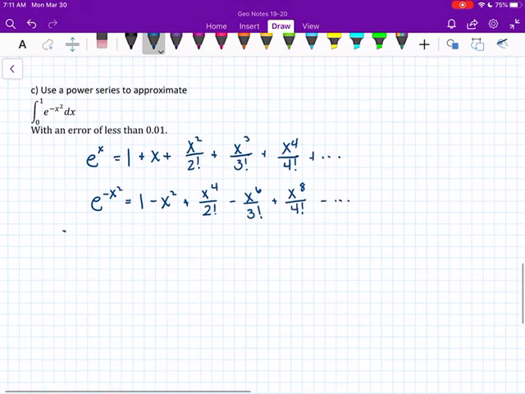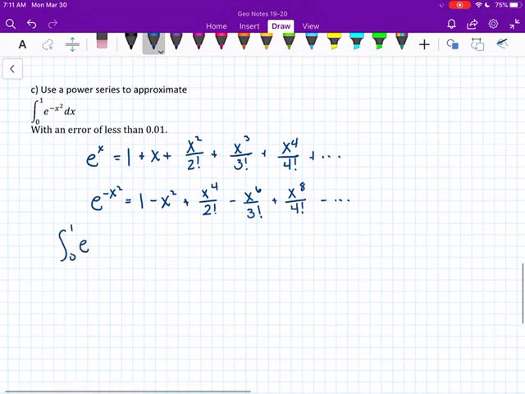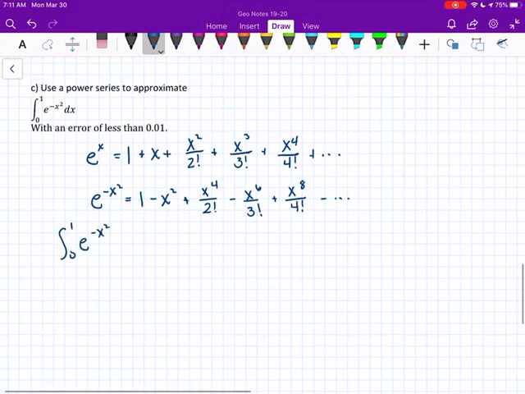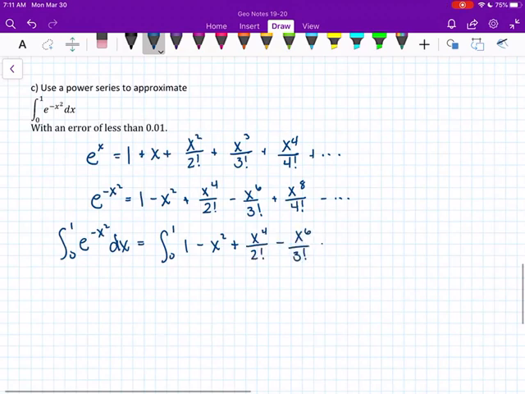So then when I do my integral from 0 to 1 of e to the negative x squared dx, that's the same thing as the integral from 0 to 1 of 1 minus x squared plus x to the 4th over 2 factorial minus x to the 6th over 3 factorial plus x to the 8th over 4 factorial, and so on and so forth.